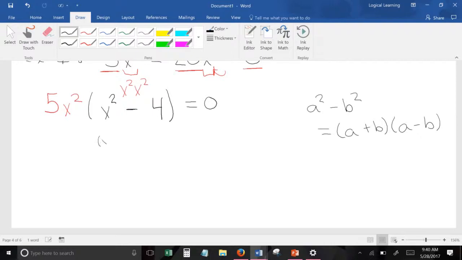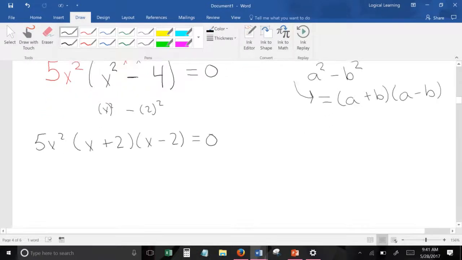So we can see that this is x squared minus 2 squared. So that'll give us x plus 2 times x minus 2. And that's just following this equation right here. And if you want to FOIL it out to see that you will get x squared minus 4, I encourage you to do so that you can become comfortable with that.